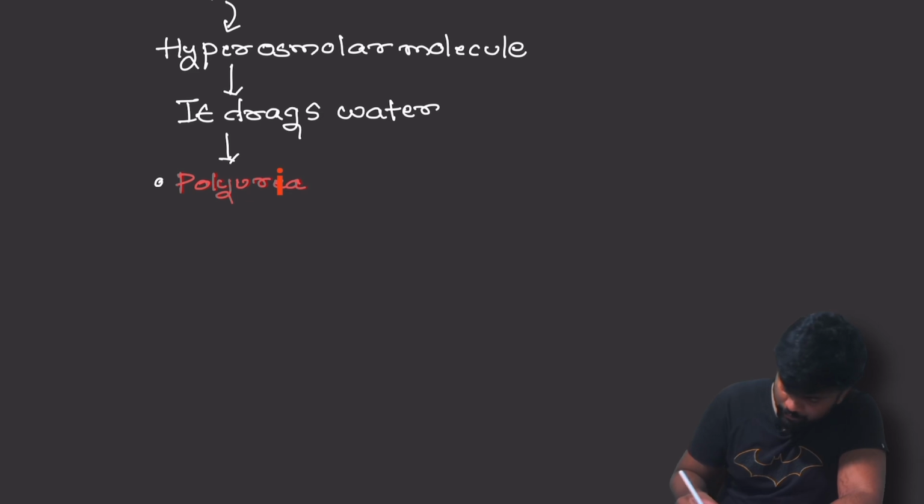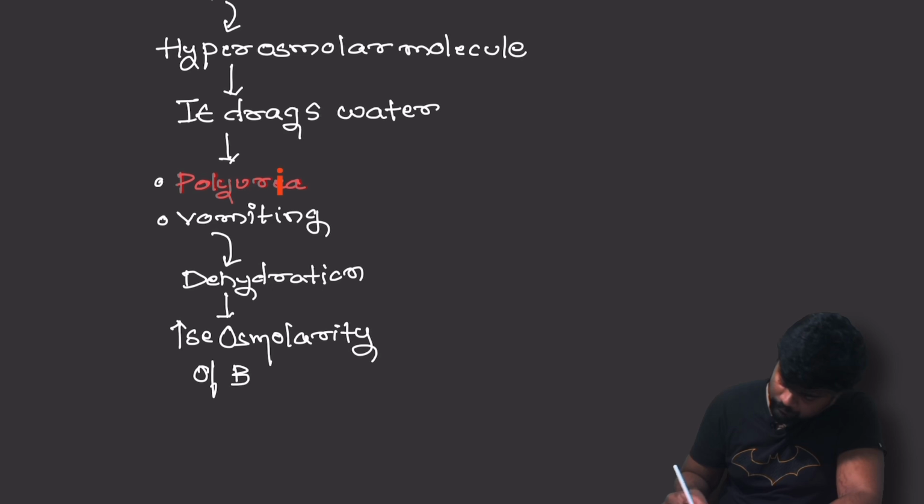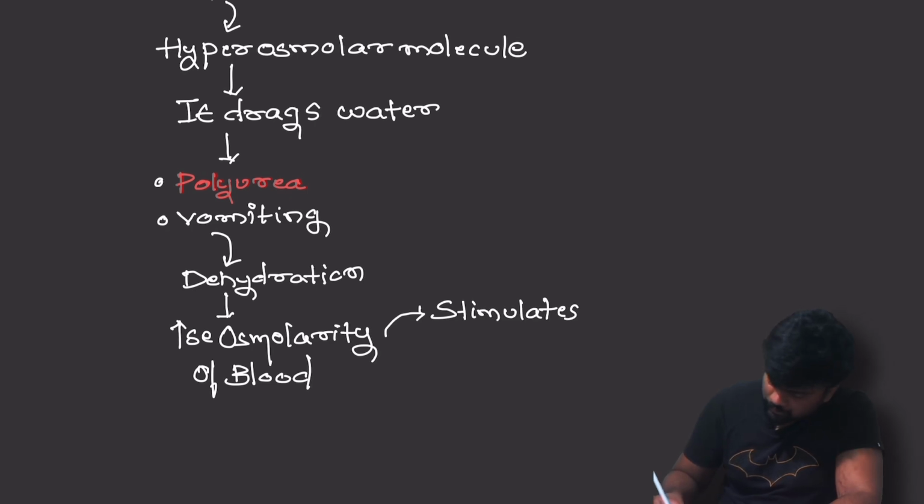Now this polyuria along with vomiting, as we have studied earlier, together causes dehydration. This dehydration increases the osmolarity of blood, which stimulates the thirst center.